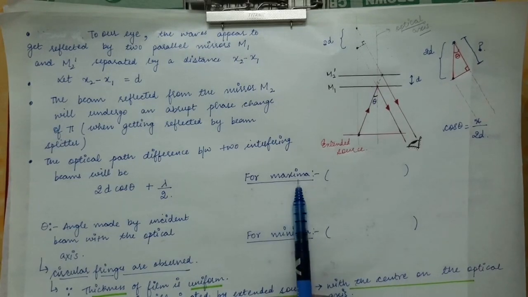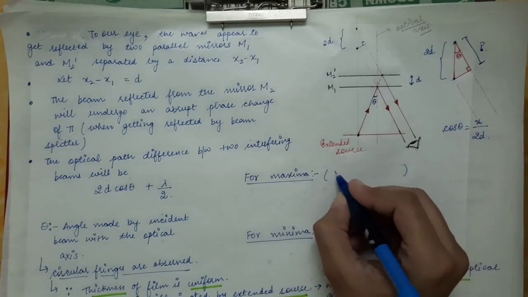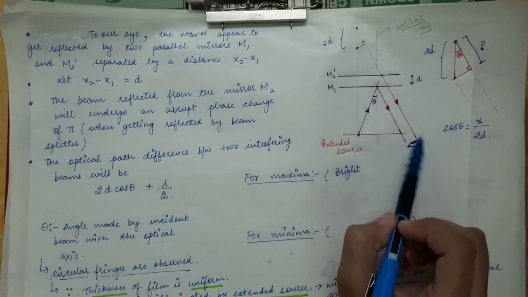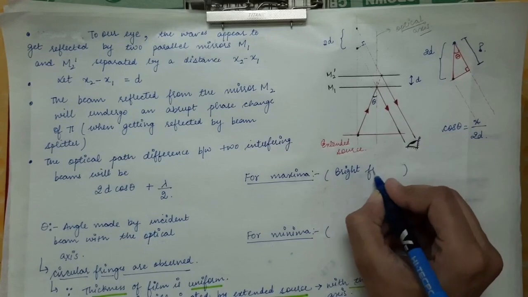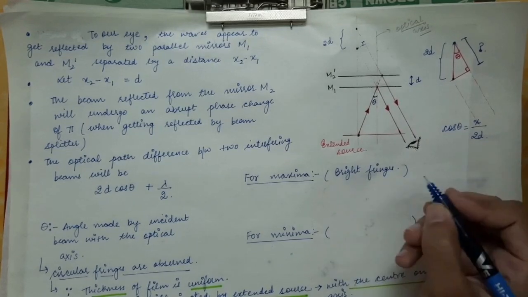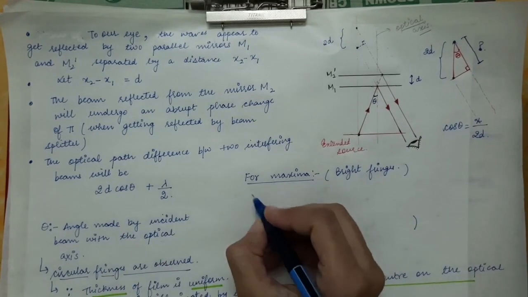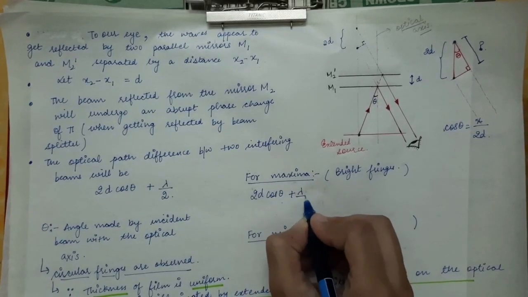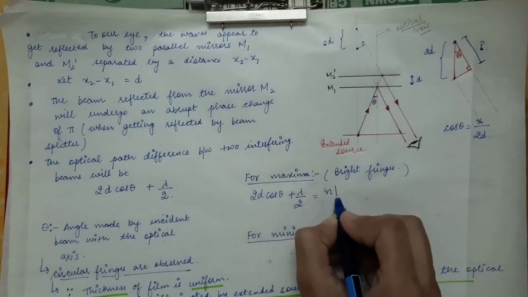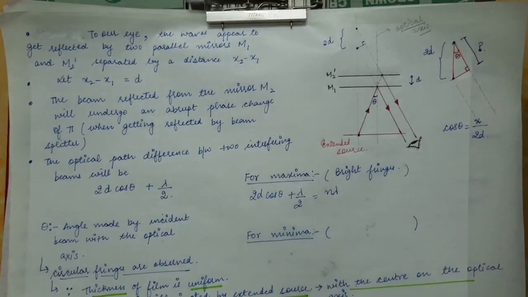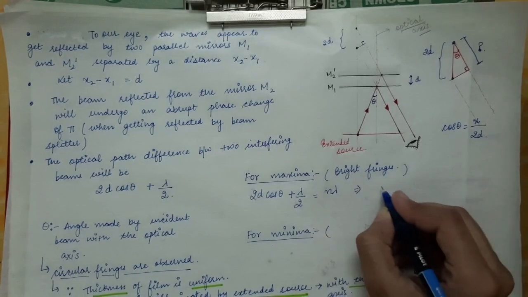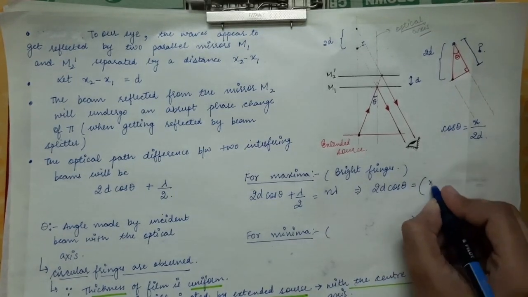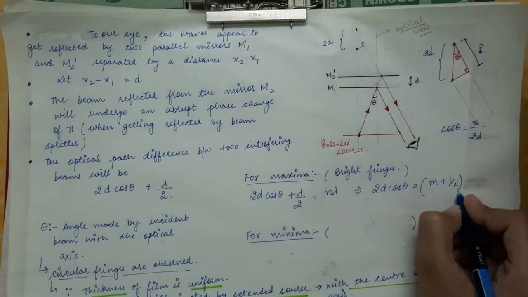Now for the maxima, the bright fringes, what is the condition for these interfering beams to give us bright fringes? The path difference 2d cos theta plus lambda by 2 should be equal to n lambda, which implies 2d cos theta should be equal to n minus half lambda.